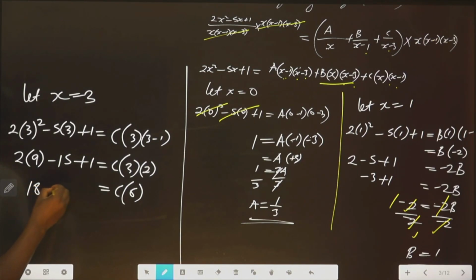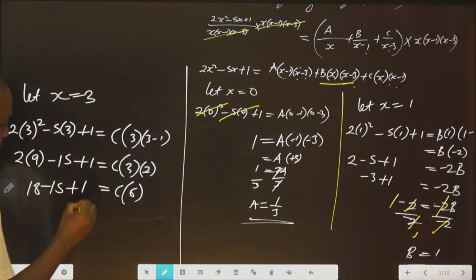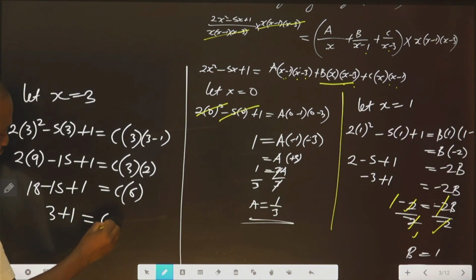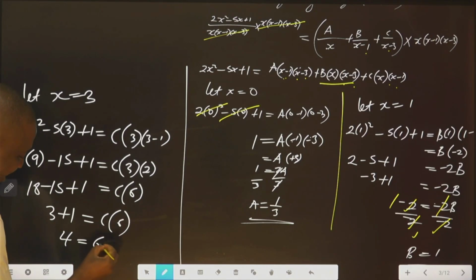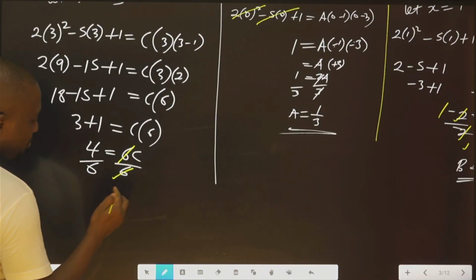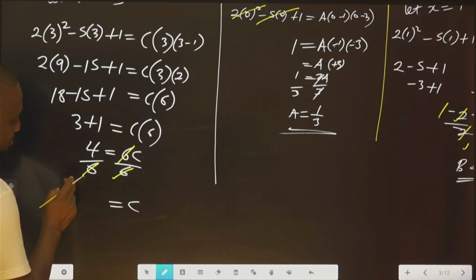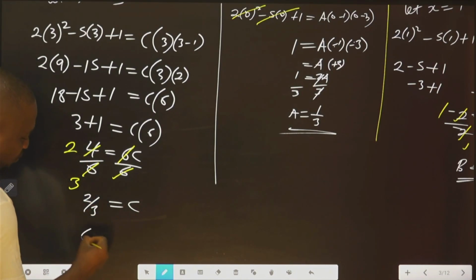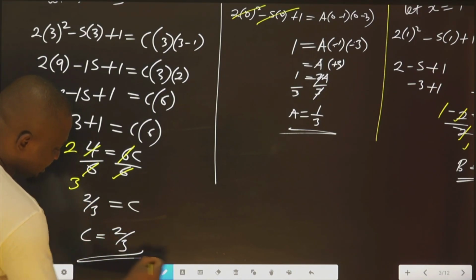This is 18 minus 15 plus 1. This will produce 3 plus 1 equals 2c. This will produce 4 equals 2c. We divide both sides by 2, which is this. So c therefore is 2.